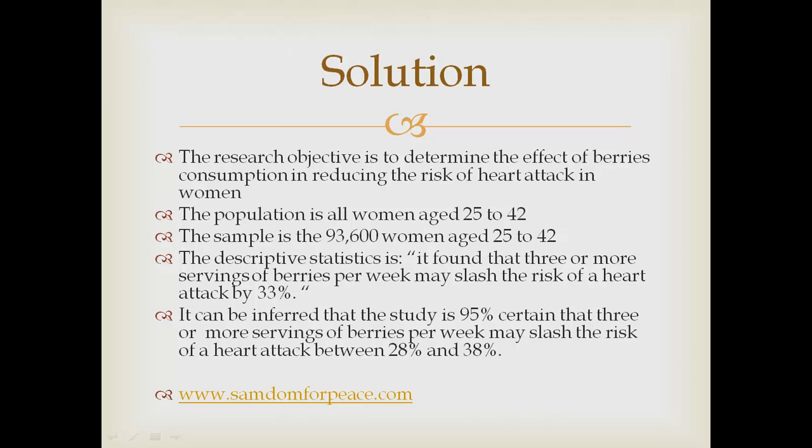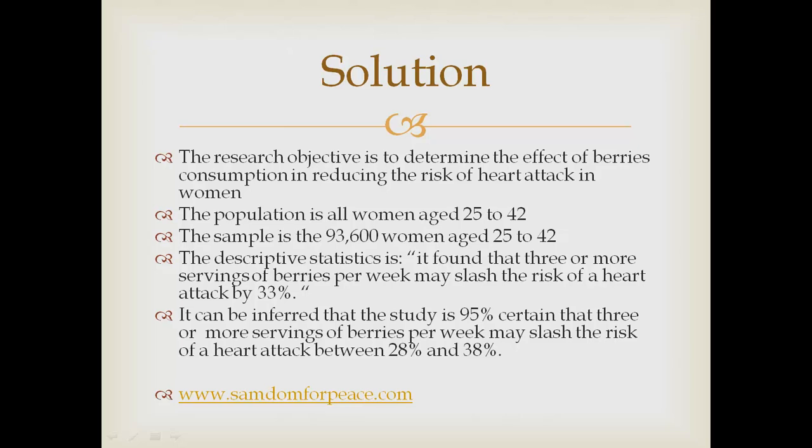Now, what are the descriptive statistics? The result of the research is that it found that 3 or more servings of berries per week may slash the risk of a heart attack by 33%. What can you infer? What is the conclusion of the study?